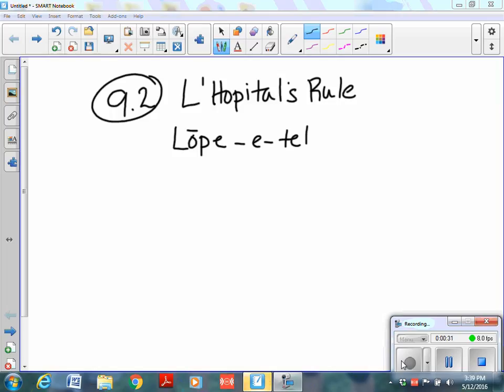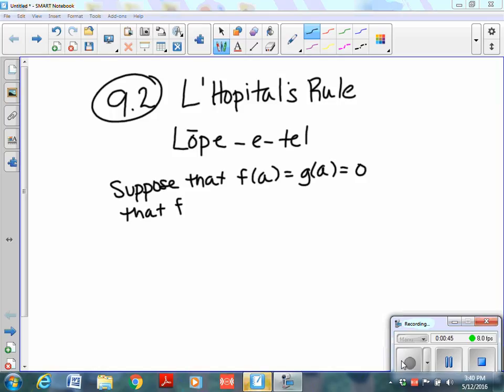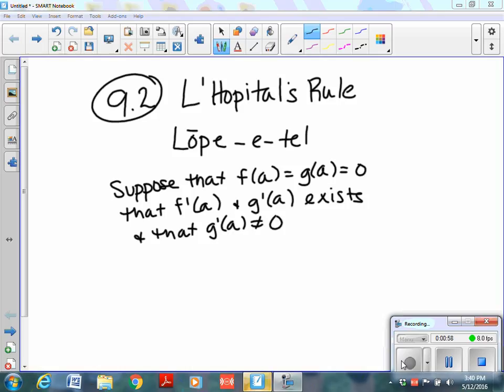Okay, suppose that f of a equals g of a equals 0, that f prime of a and g prime of a exist, and that g prime of a does not equal 0.